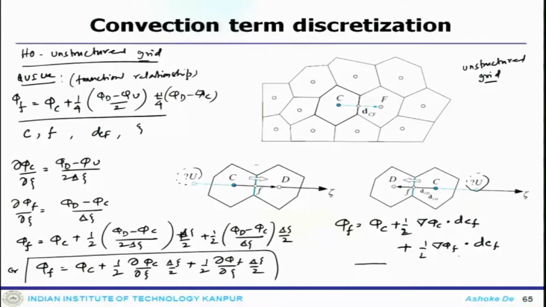Now this expression suggests that I can write phi f as A phi c plus B delta phi c dot dCF plus C delta phi f dot dCF, where A, B, C are constants determined by equating phi f to the profile obtained over structured grids.